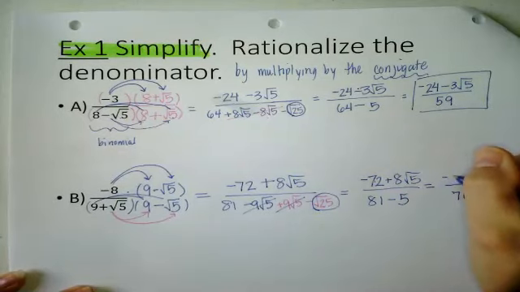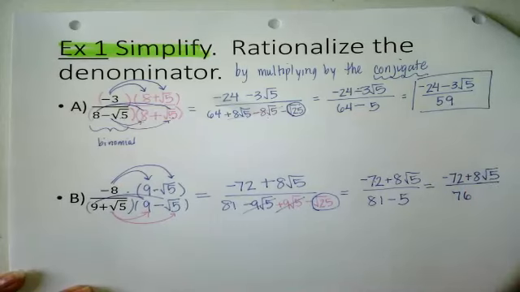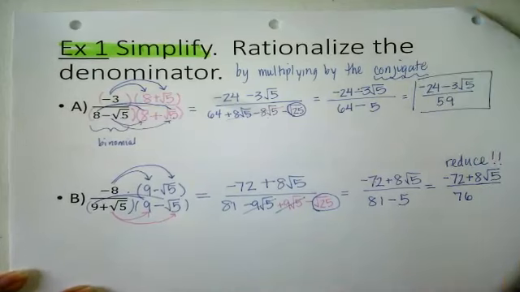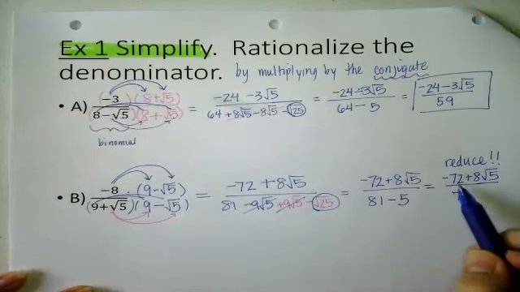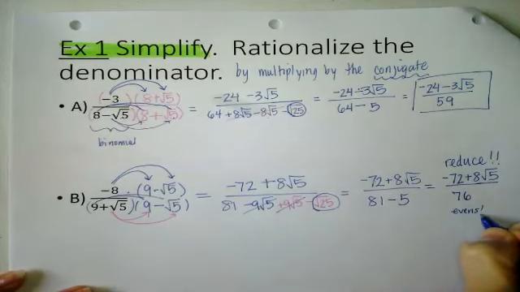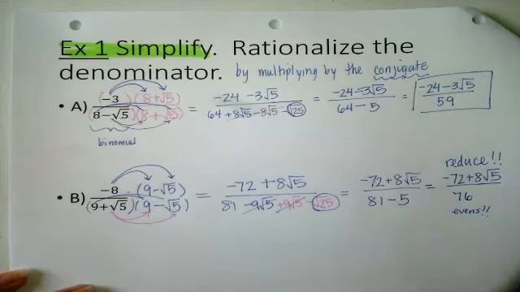Oh boy. All right, this one does reduce. So here is really interesting. How do I know everything reduces? 72, 8, and 76 are all even numbers, which means they're all divisible at least by 2.